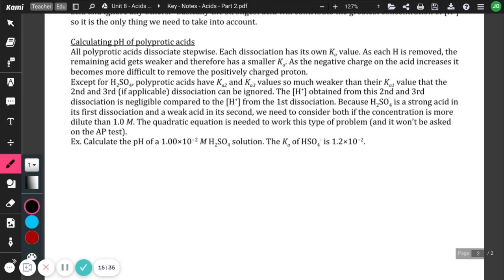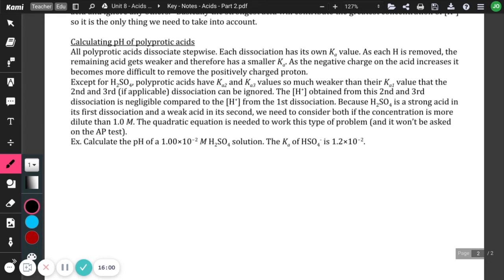It's going to take so much more to remove the next hydrogen that we won't see that big of an effect. We're going to make the assumption that those further stepwise hydrogens being removed have so little effect that they don't matter. And so basically the second and third and fourth and whatever, we can ignore those hydrogens being removed.